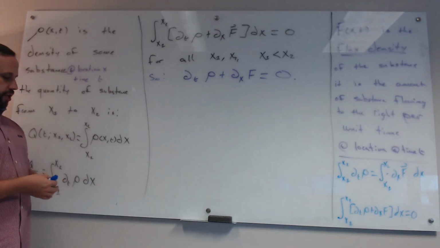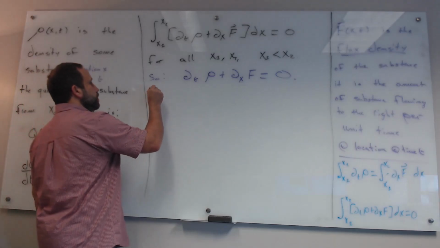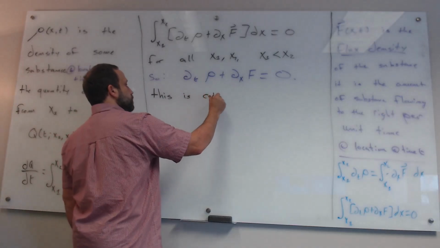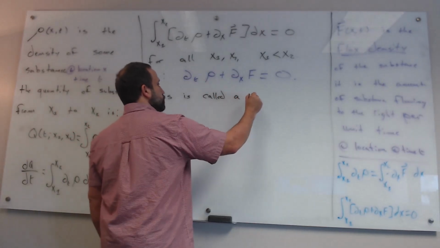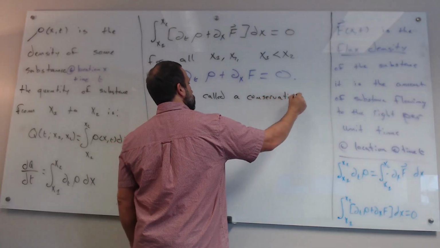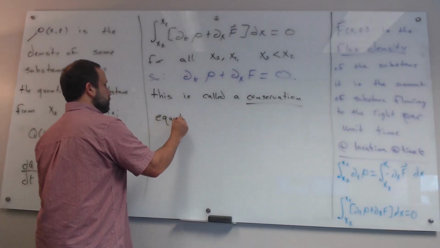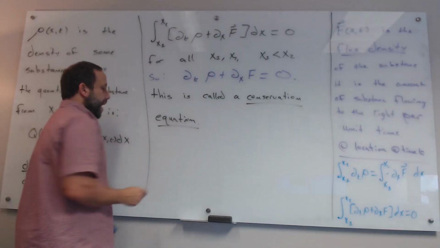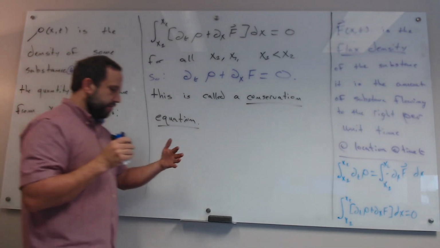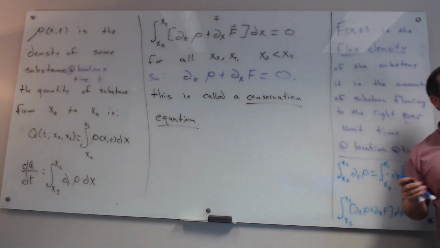So now what we've just shown is something called a conservation equation. It applies to basically anything to which we can apply the conservation of matter, or the conservation of energy, that sort of thing.